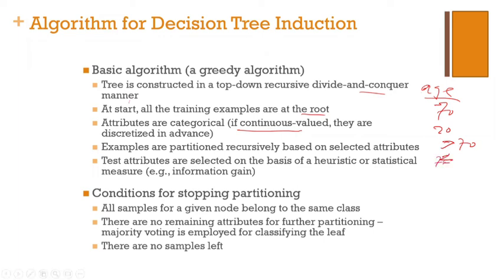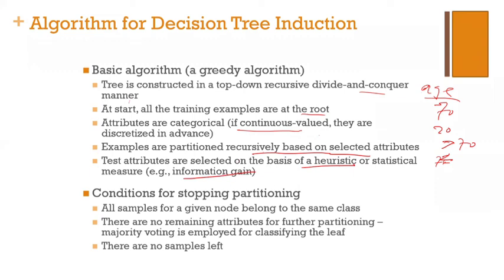Because this is a decision, you have to make a decision at every node. So you cannot just say age 70. How many people will be age 70? So you use decision symbols to break them down into discrete groups. Now, once you've done this, examples are partitioned recursively based on selected attributes. And then the test attributes are selected on the basis of a heuristic or statistical measure.